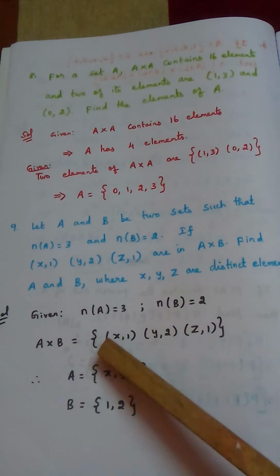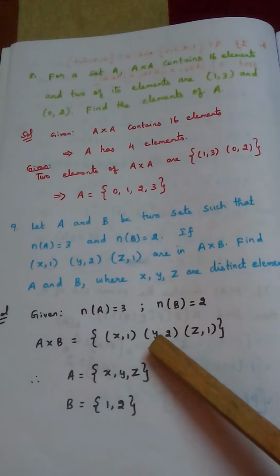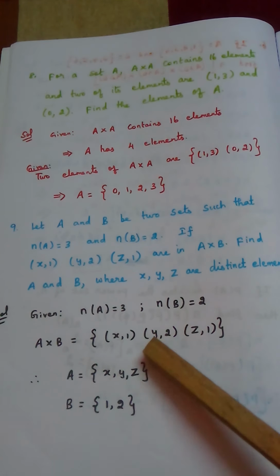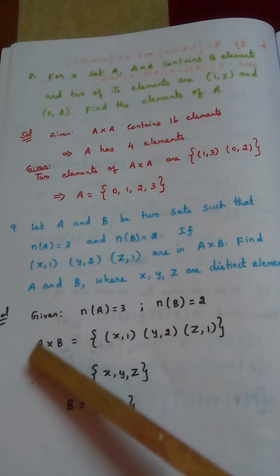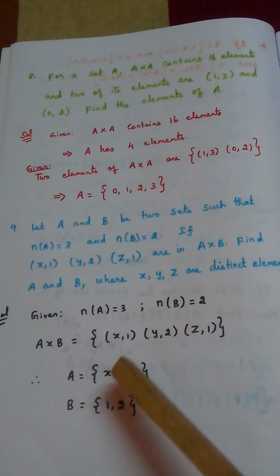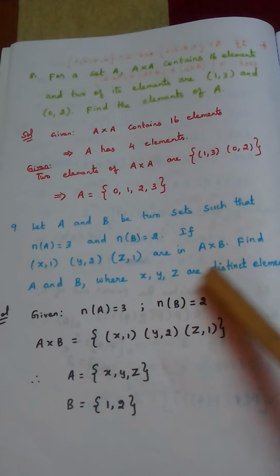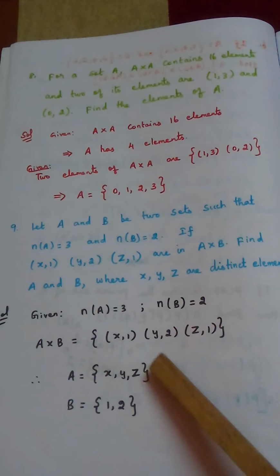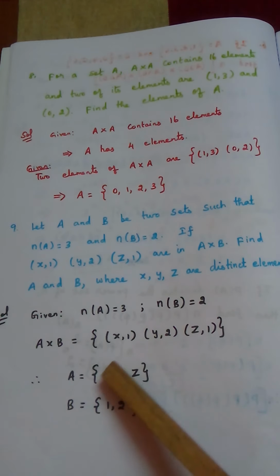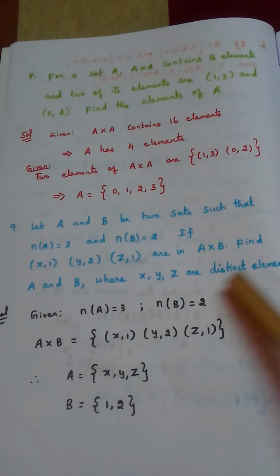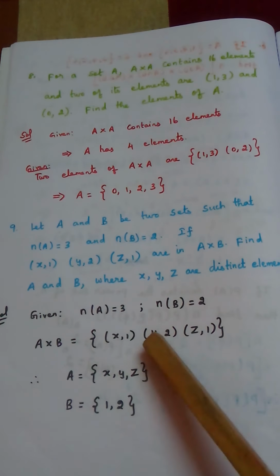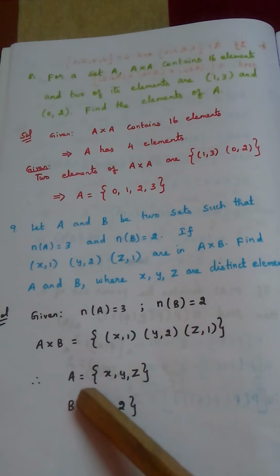Take the first element X, the first element Y, the first element Z, because the first elements will belong to capital A. So A is equal to {X, Y, Z}. Since X, Y, Z are different, I can write them boldly. Suppose they were equal, I could not write them again. Since they are different elements, I can write X, Y and Z, all 3, in set A.